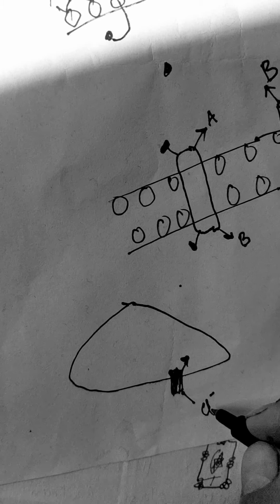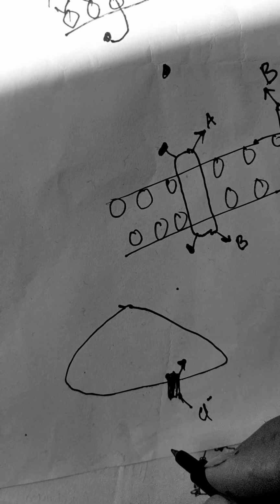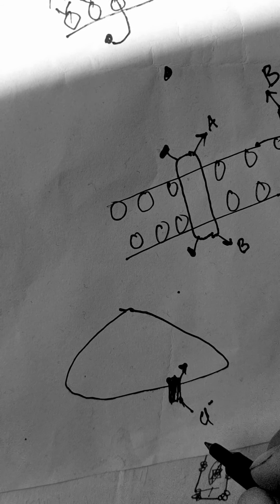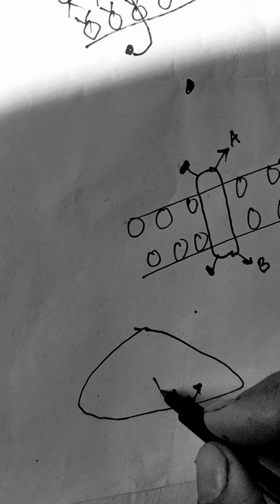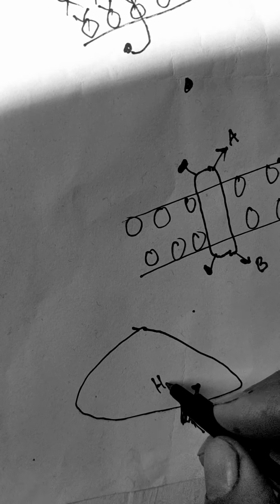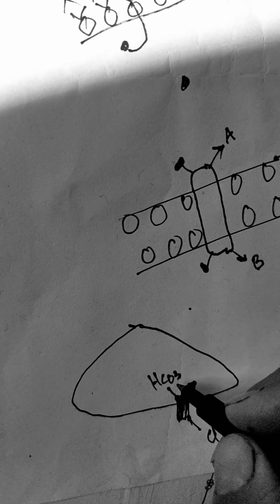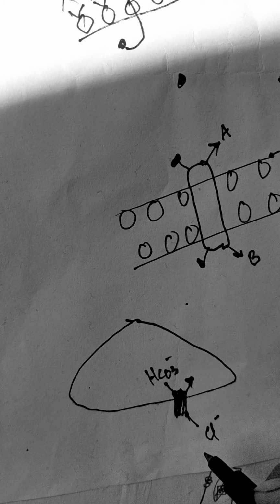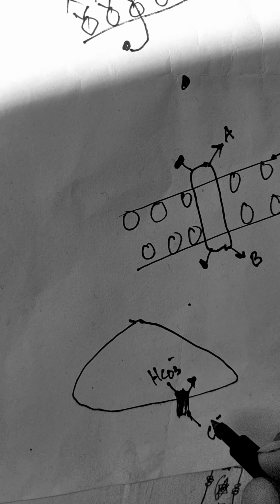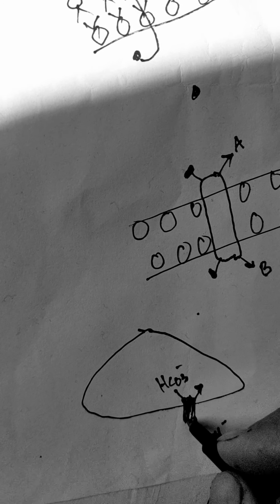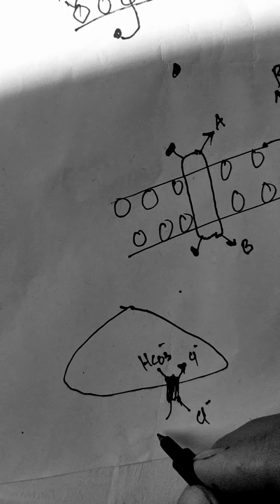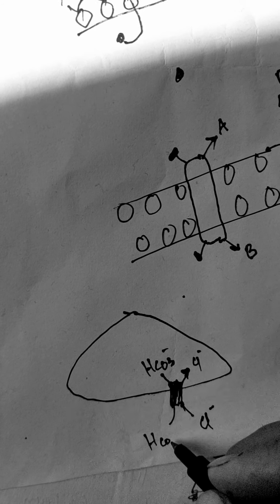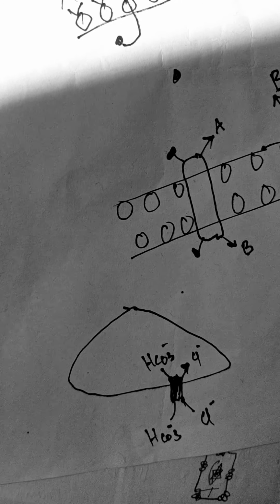It receives a chlorine molecule from the external environment of the cell, and simultaneously it receives another molecule from the cytoplasmic phase of the cell, which is the HCO3 ion. The chlorine molecule will take entry inside the cell, and the HCO3 molecule will be released from the cell.